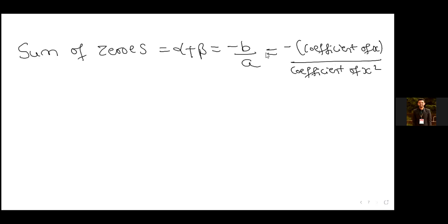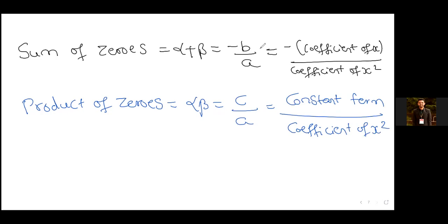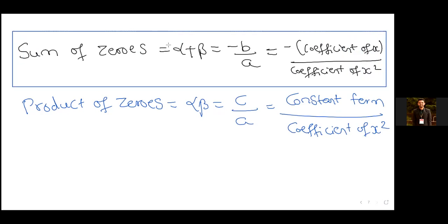And similarly, the product of zeros, that is alpha into beta, is the constant term upon coefficient of x square. So these are the two things that you need to remember while solving the problems.